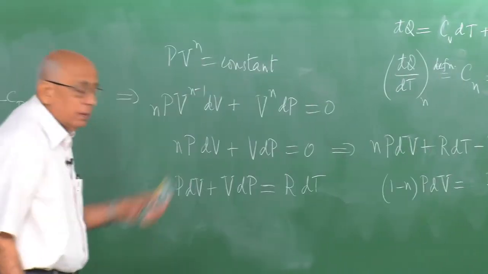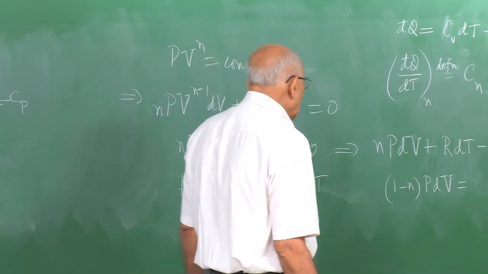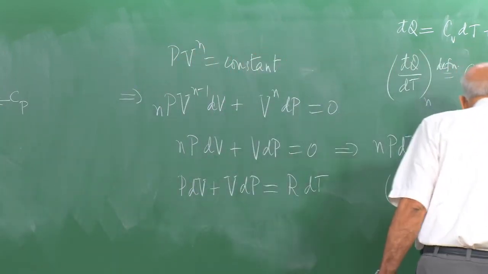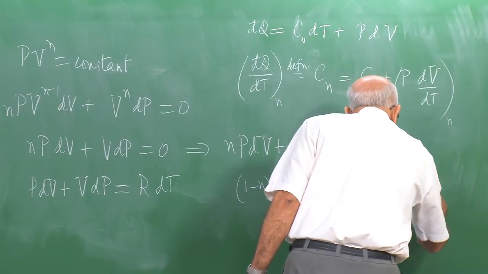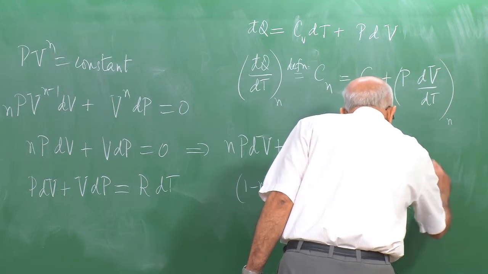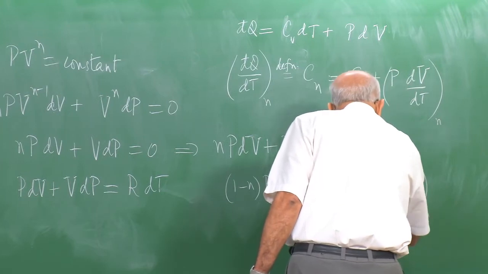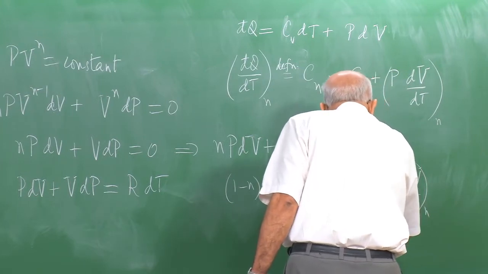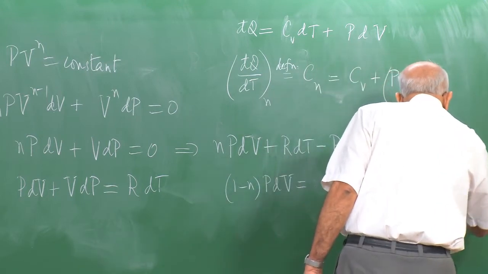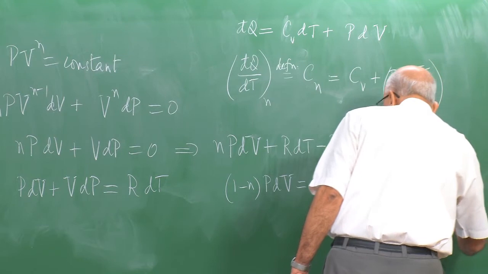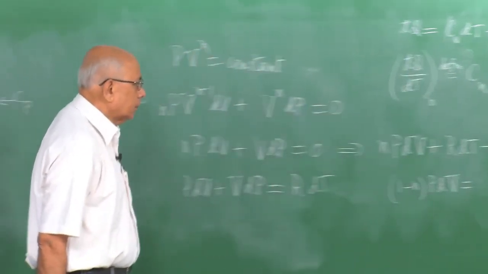But we know from this equation that P times dV over dT for a given n process is equal to R divided by 1 minus n.